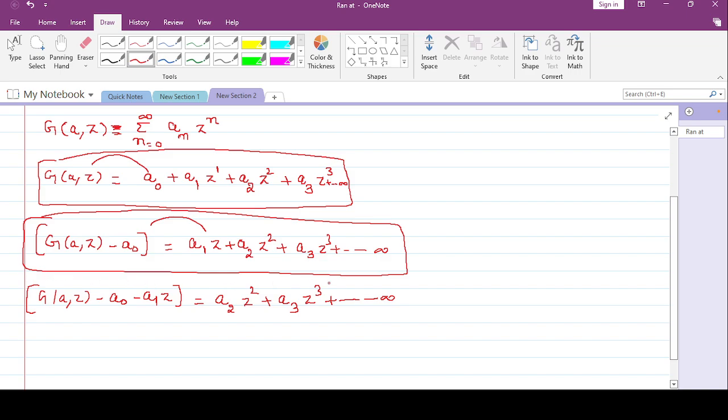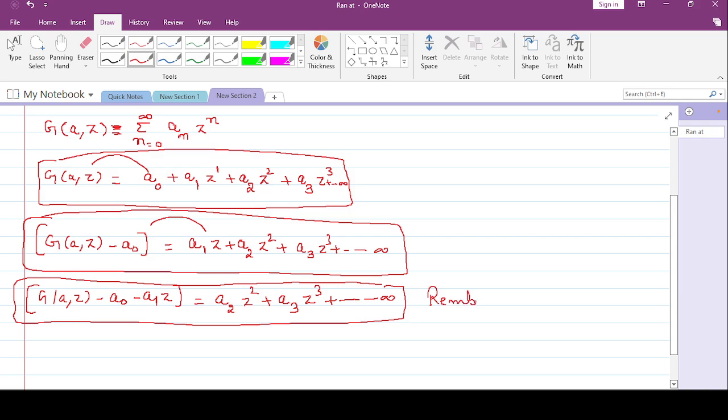This will be used for solving the question, so remember this thing always. And one more thing I want to remind you, that we discussed in the last video: G(z) equal to 1 by 1 minus z, the corresponding sequence for this is 1.